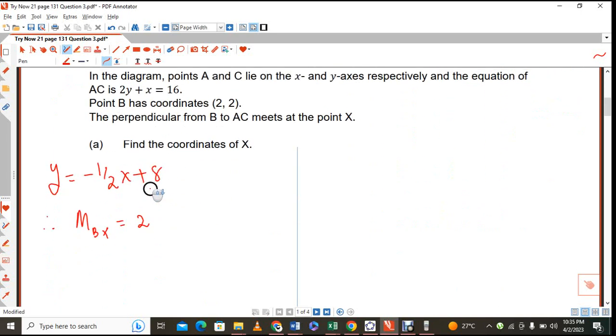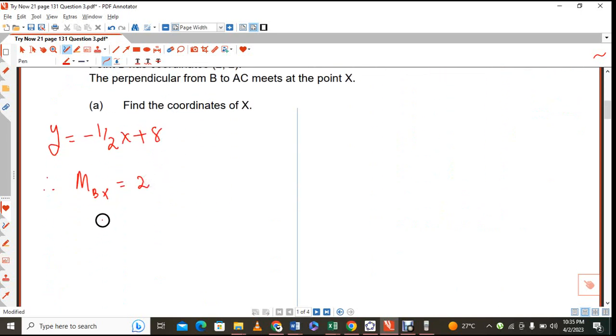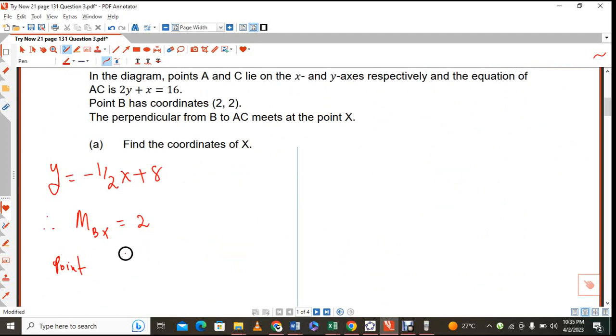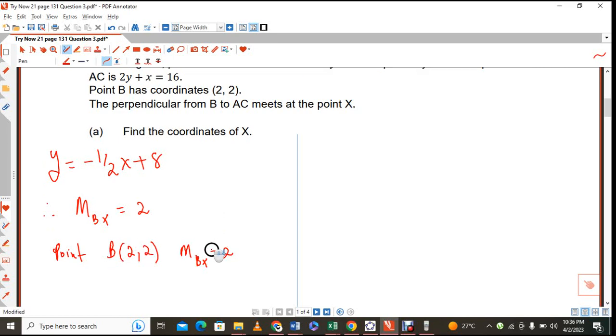In order for us to complete that, we have a gradient, and we have a point. The given point is our point B, which is (2, 2), and we also know that the gradient of BX is equal to 2. I hope you're familiar with the equation that I'm going to use.